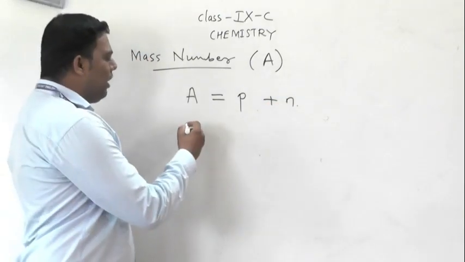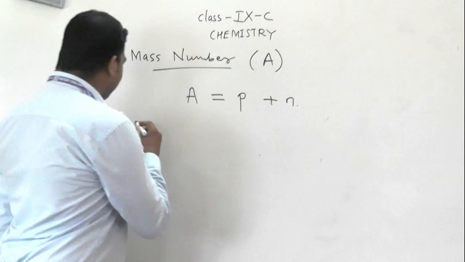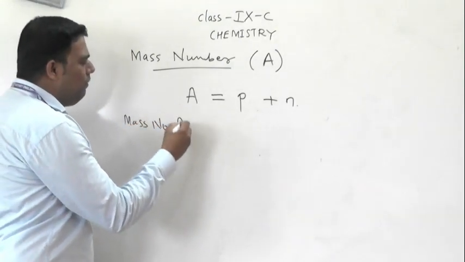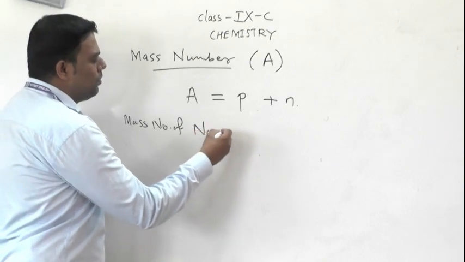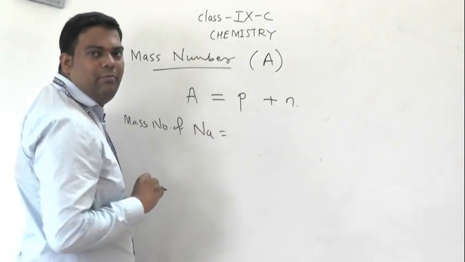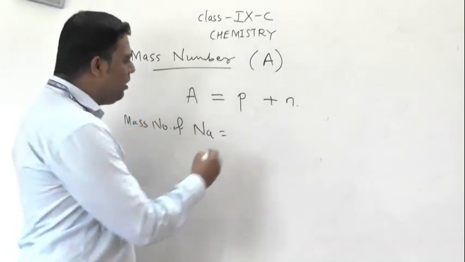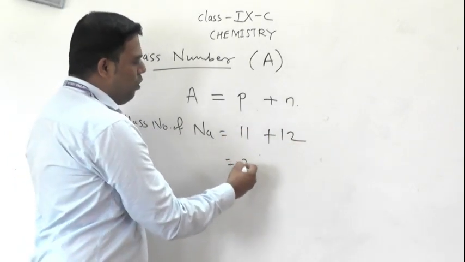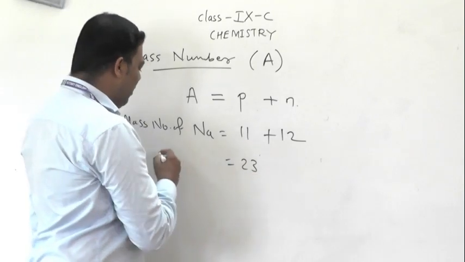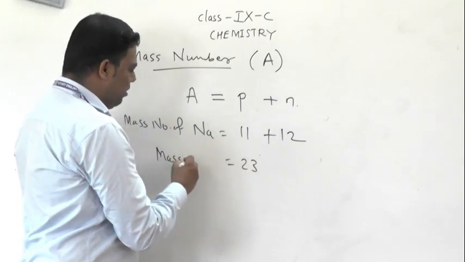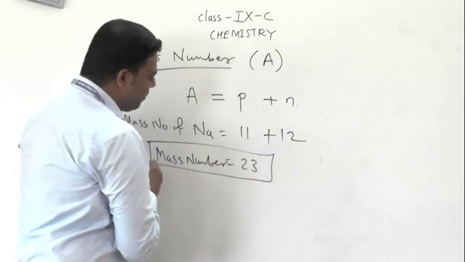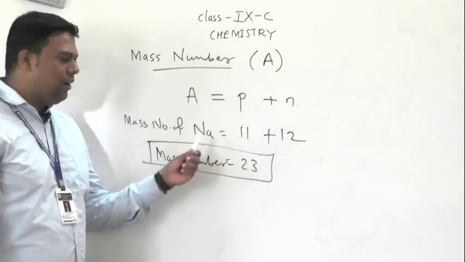Suppose you are going to calculate, for example, the mass number of your sodium. The number of protons equals the atomic number, so 11, plus the number of neutrons, 12. So how much? 23 is the mass number of your sodium. Okay, understood?